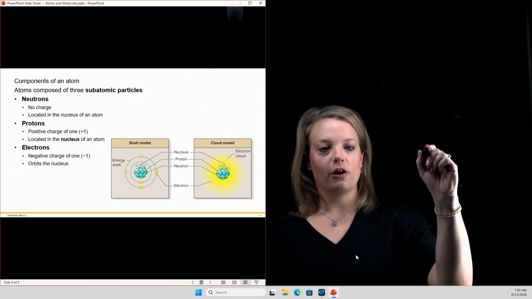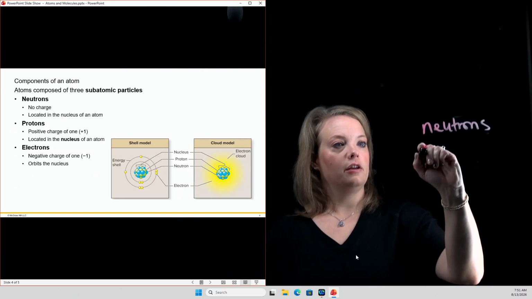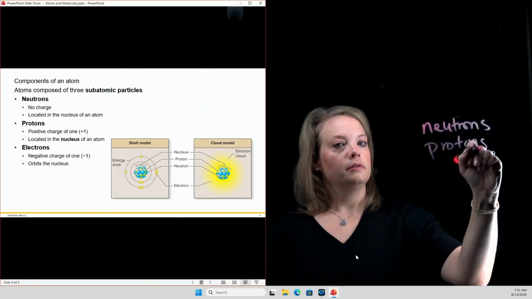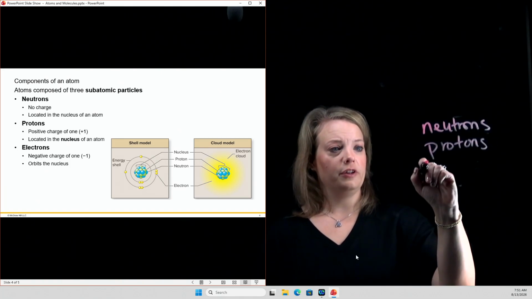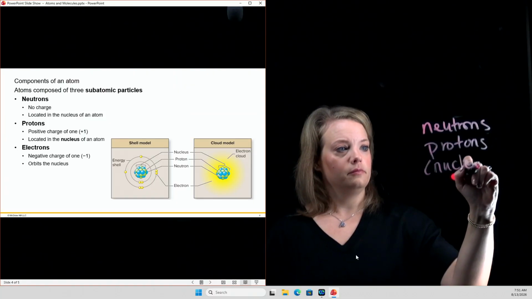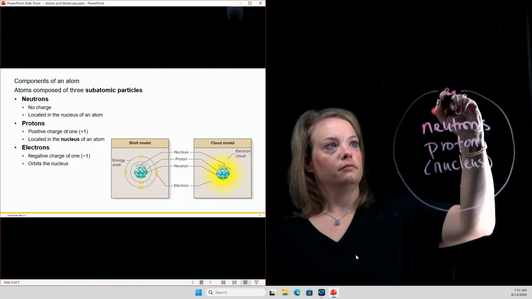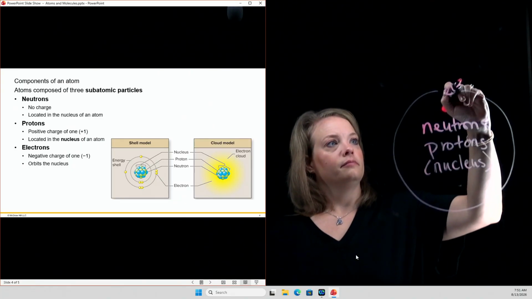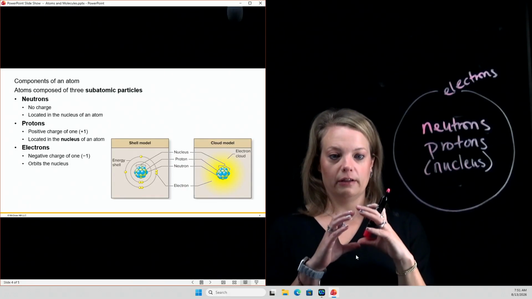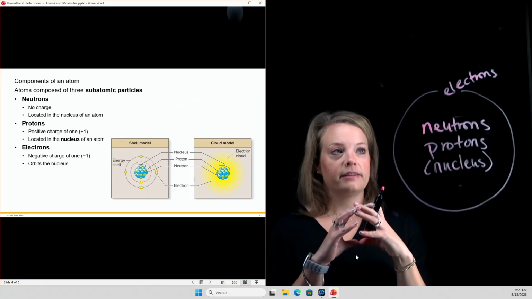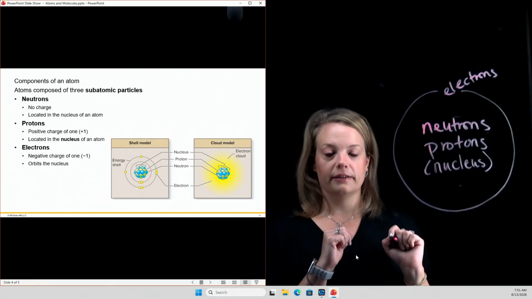The middle part of an atom is going to include neutrons and protons, and orbiting around the nucleus are the electrons. So you can think of the neutrons and protons as the planet, and then the electrons are the moons that orbit around the planet.